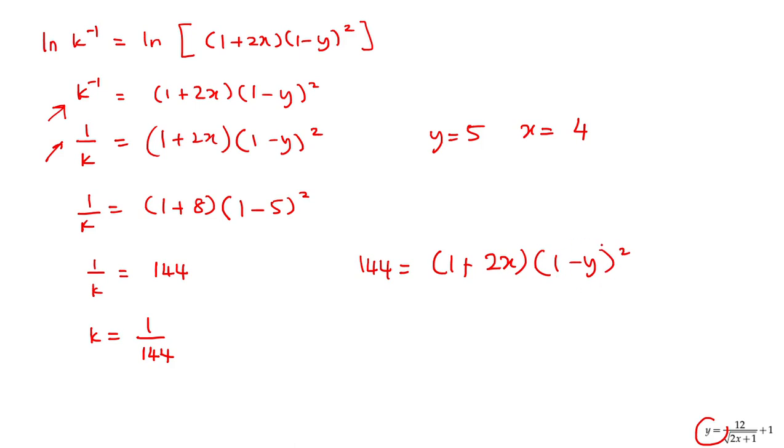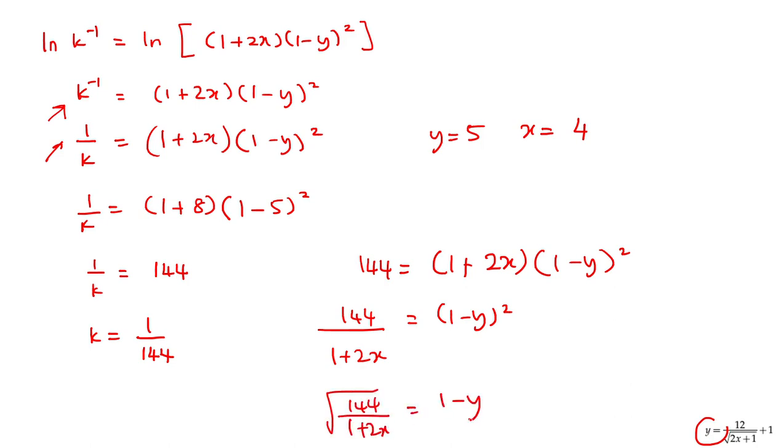Okay, and then I make this the subject. 1 minus y squared equal to 144 over 1 plus 2x. Move this square to become square root. 144 over 1 plus 2x becomes 1 minus y.